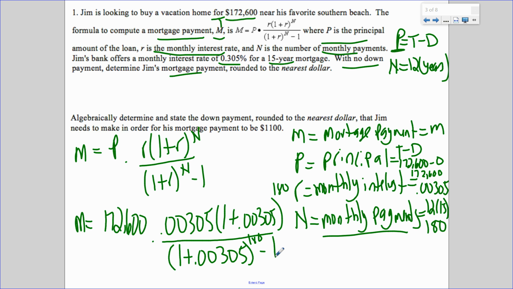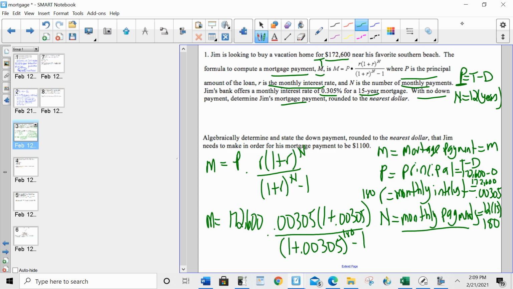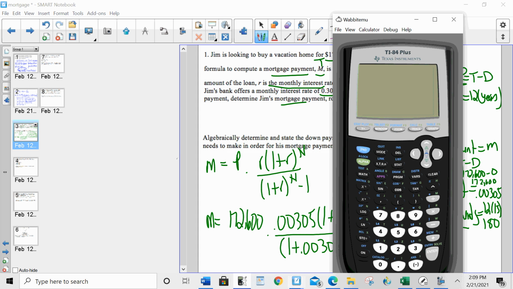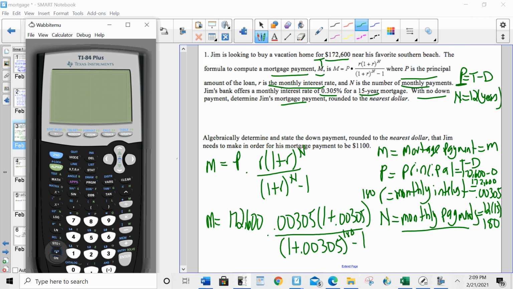Can I type this whole thing into the calculator? Yes. It might look complicated, but it's really not, at least so far. So I'm going to just type this whole thing into the calculator.